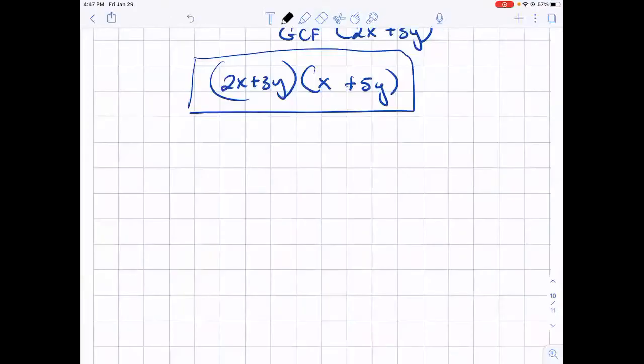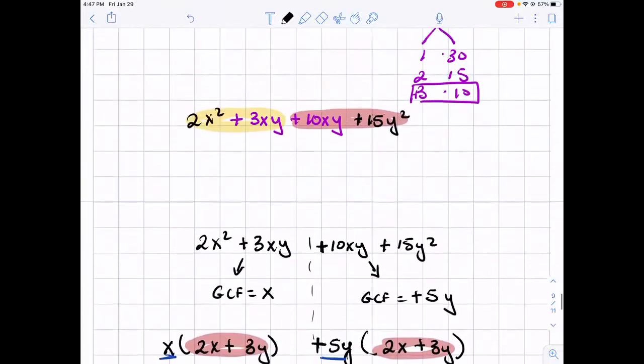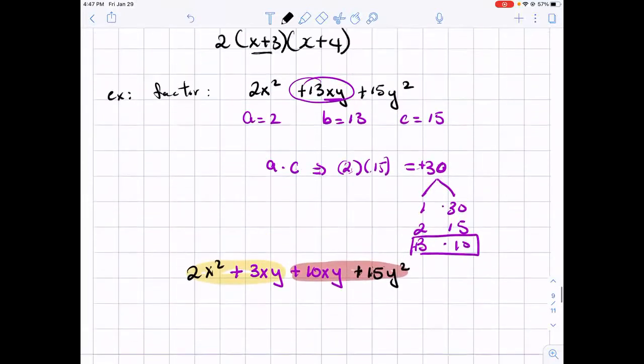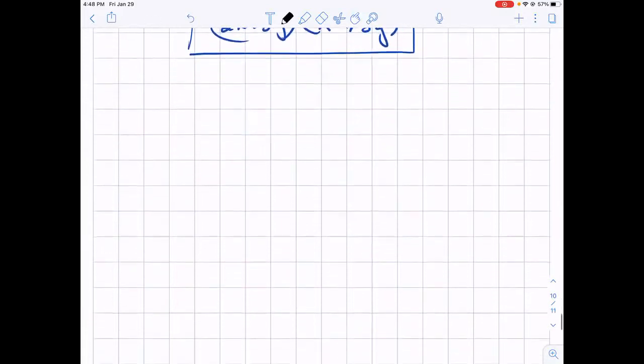So now we want to look at some different types of factoring problems. We could think of this example that I've just done as one of those special case factorings, but I don't think it's special.